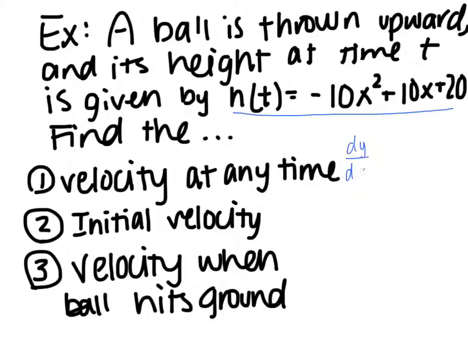So that would be negative 20x plus 10, which is the velocity at any given time.